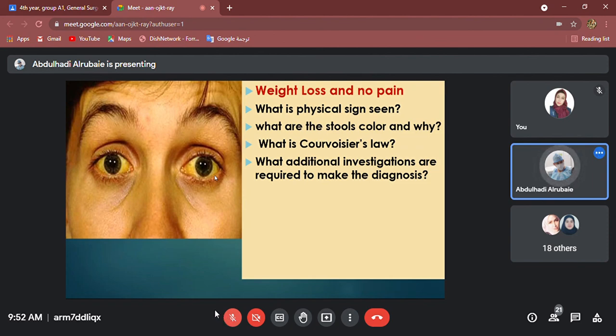What additional investigation should be done in these cases? Quickly, because we need to finish, Murphy's sign or physical? Investigation, not examination. In investigation you always have to start with the simple. What is simple here? A blood test. First you start with the blood, right?